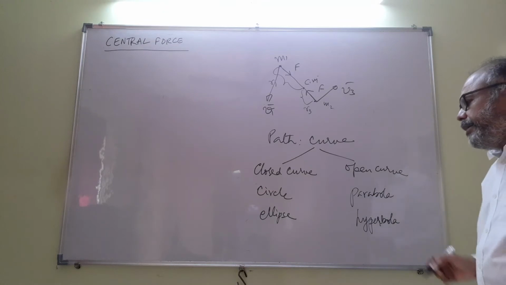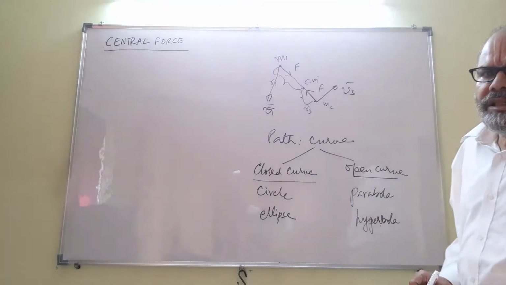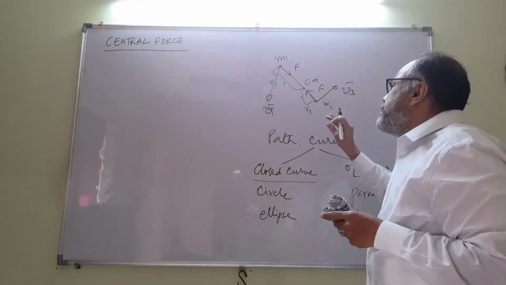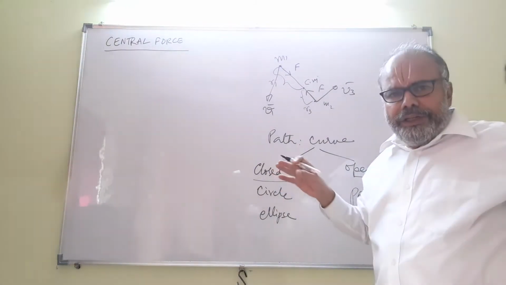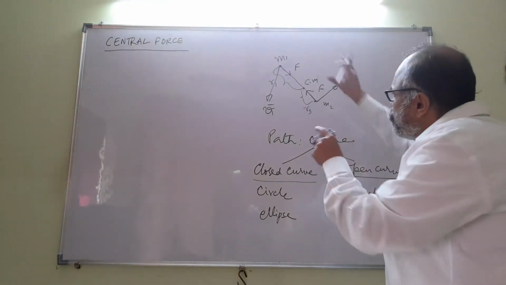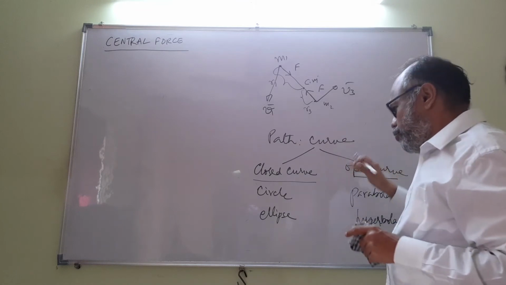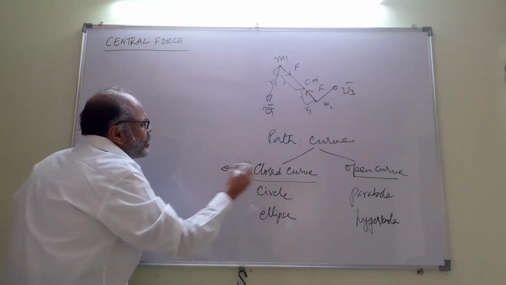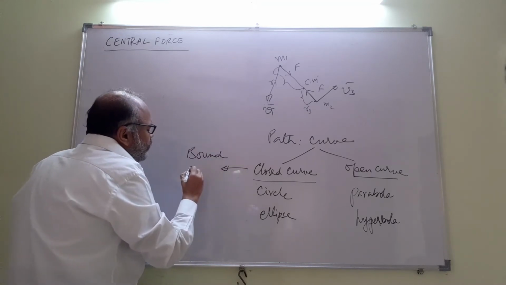When you have a closed curve, we say that the system is bound. That is, the two masses do not move away from each other towards infinite separation, but they move staying together. So when you have a closed curve, we term it a bound system.